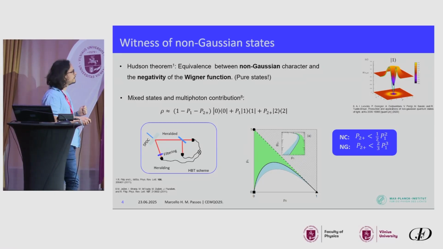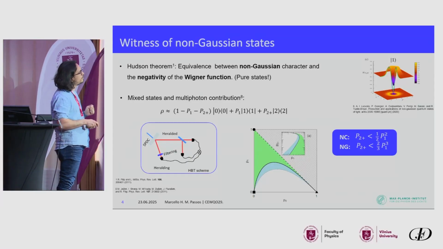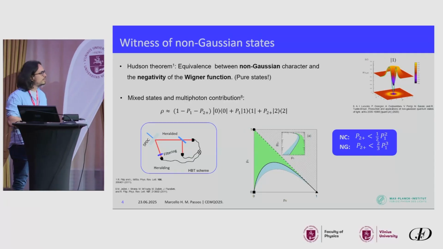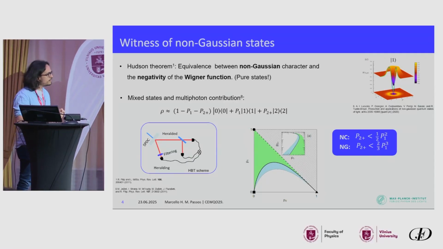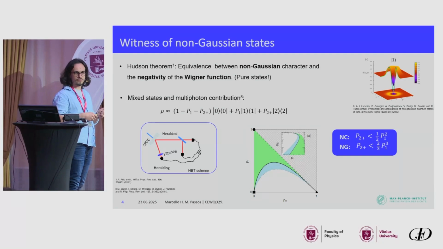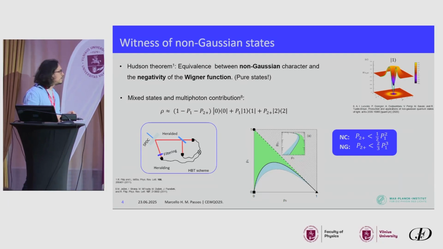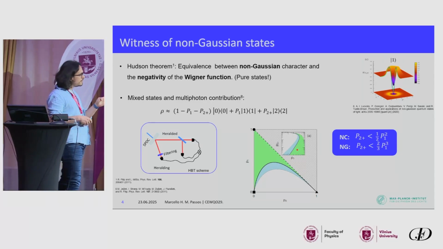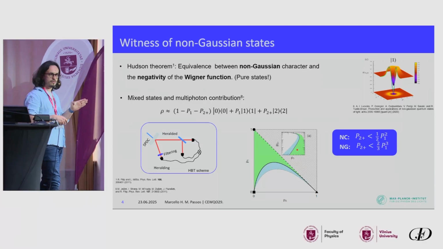In the inset, you can see the probability of a single photon as a function of the multi-photon contribution. So if you respect this inequality, you can say something about non-classicality and non-Gaussianity, which means that for a non-Gaussian state, if the right side is bigger than your multi-photon contribution, your state should be in the non-Gaussian region.